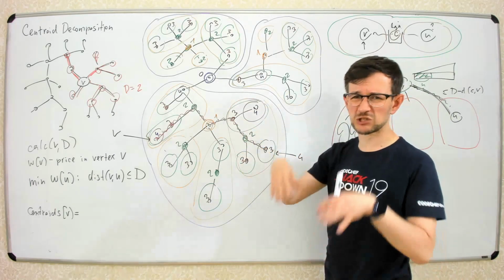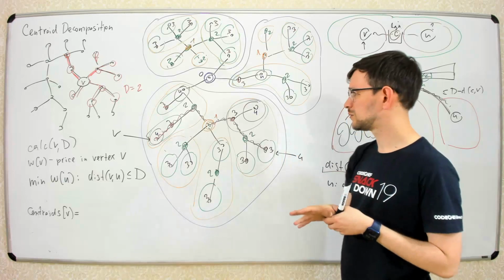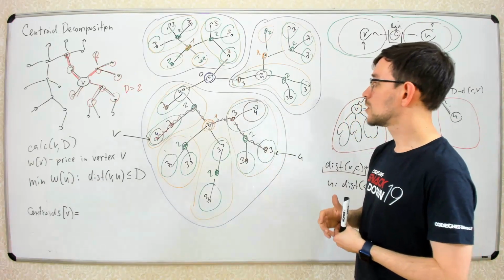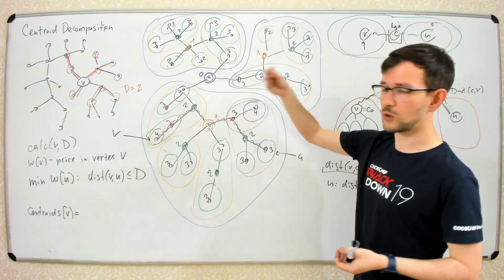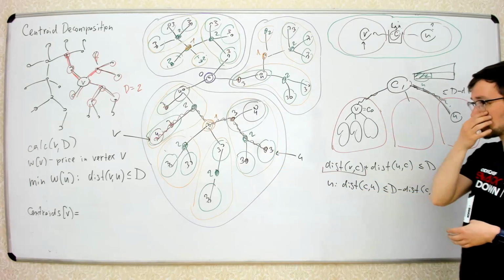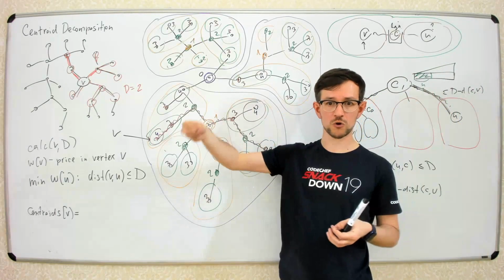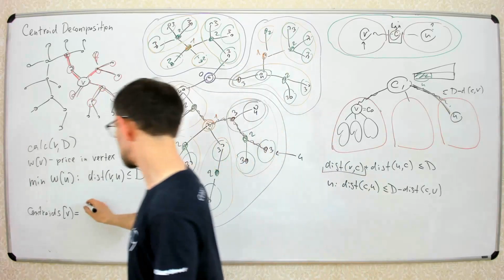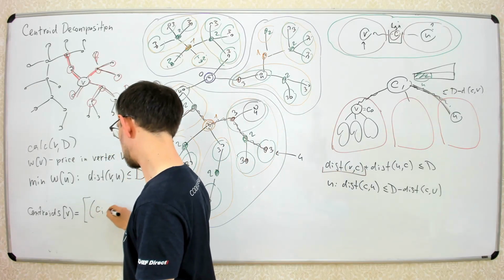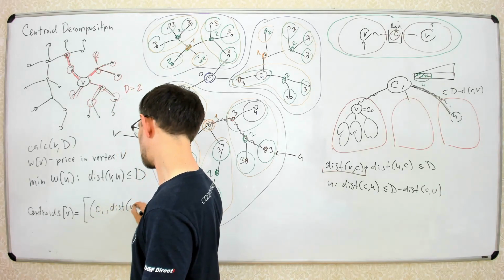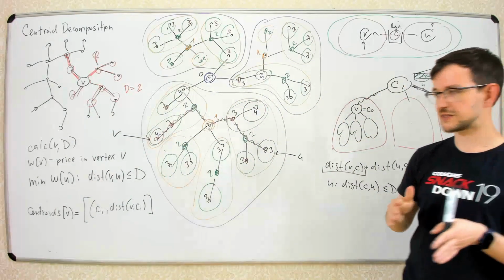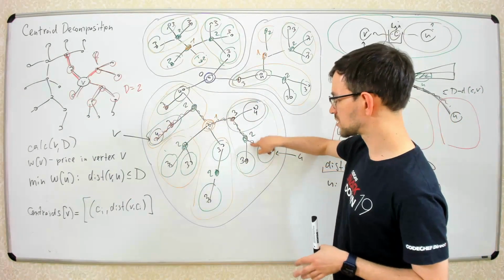You don't need to build this tree of centroids. It's too complicated. You still use n-log-n memory, so it doesn't make sense. So for each node, you just can pre-calculate the pointers to all possible centroids of this node. And when you answer the query, you just iterate through all centroids of node V. So it really will be the array of pairs, so centroid and distance from V to this centroid. For each node, you have array of all centroids of this node.